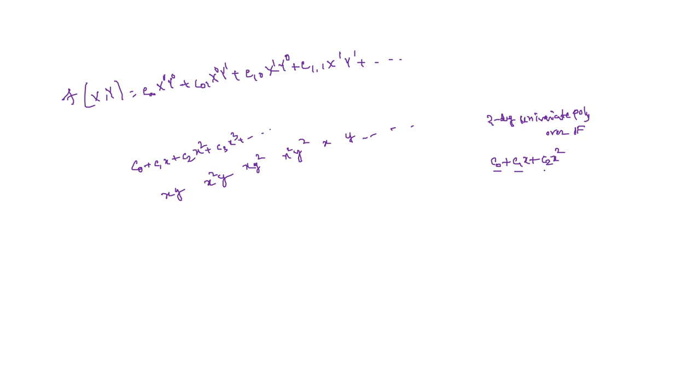So there are a total of 3 coefficients, and each of them can take any value from the field. So there are a total of this many such univariate polynomials, right?